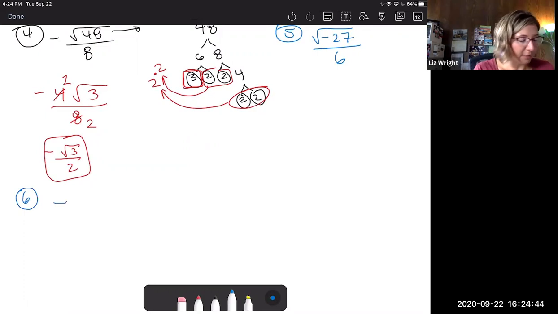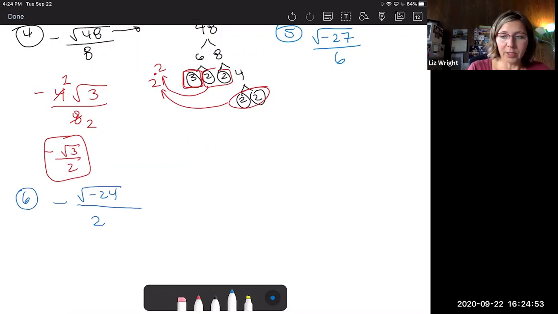So our next one is going to be negative square root of negative 24 all over 2. Here, again, I'm just going to work with the numerator for a second. I'm going to break 24 down into 4 and 6, 2 and 2, 3 and 2. And I'm going to circle up my pairs.